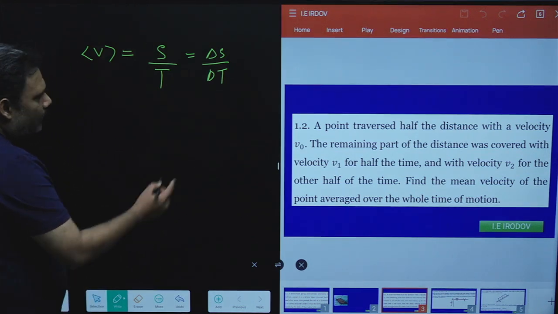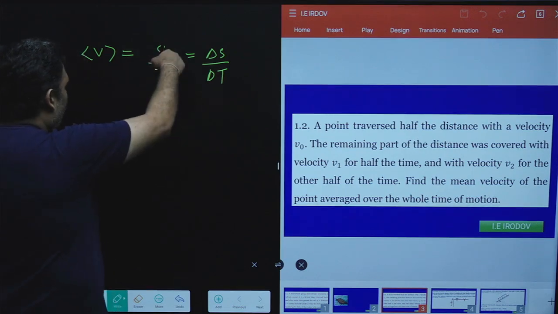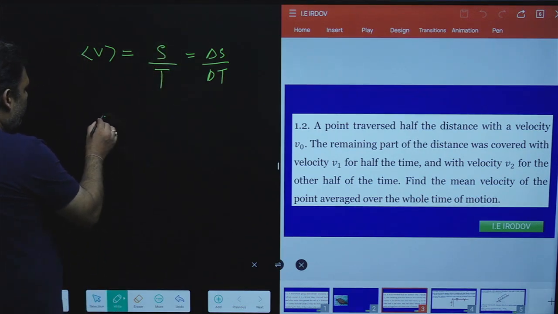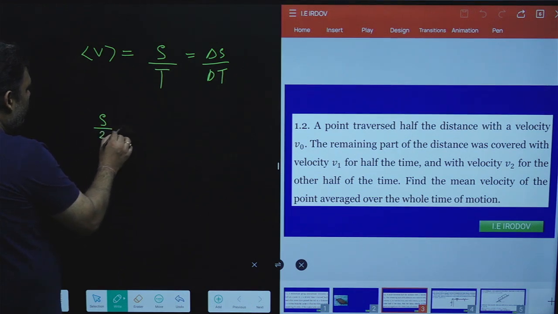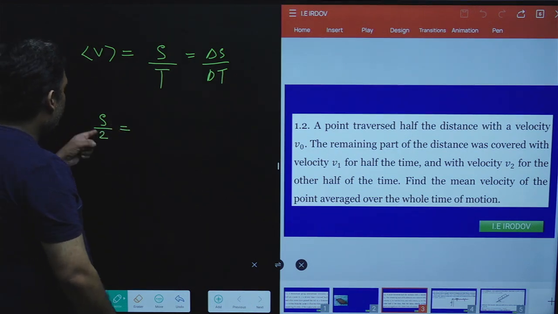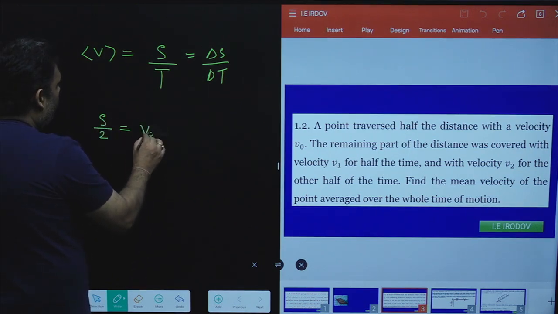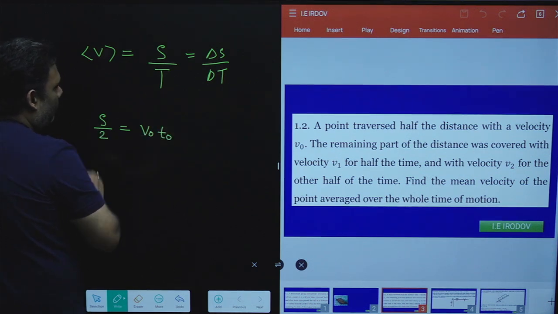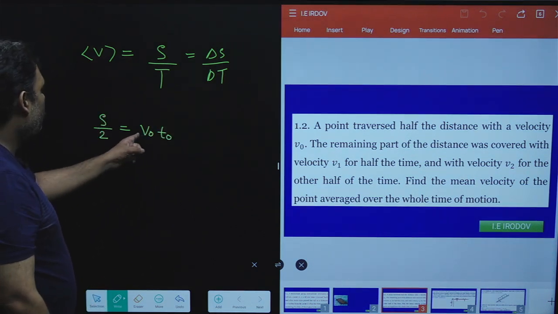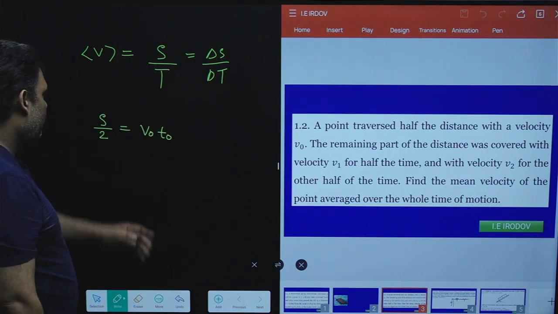So first, it is given that this is the total distance S. The first half of the distance, that is S by 2, can be easily found: S by 2 is equal to V0 into, let's say that time is T0. So S by 2 is given by velocity V0 into time T0.